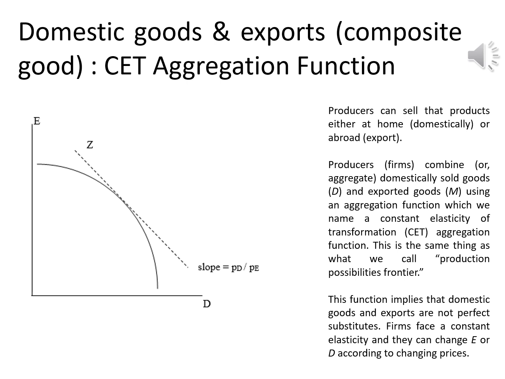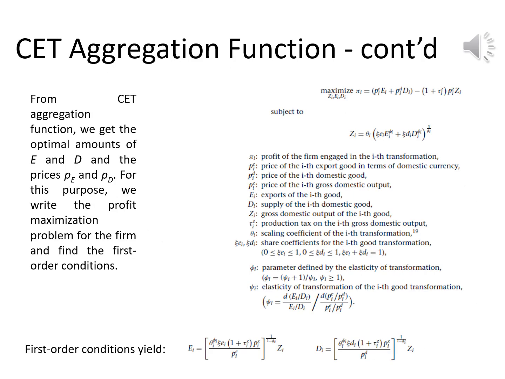So now the firm is going to maximize profits again with respect to the CET aggregation function, which we will do in the next slide. Here is the maximization problem of the firm. The firm maximizes the profits, which are defined as the total value of exports and domestic goods minus the value of output.